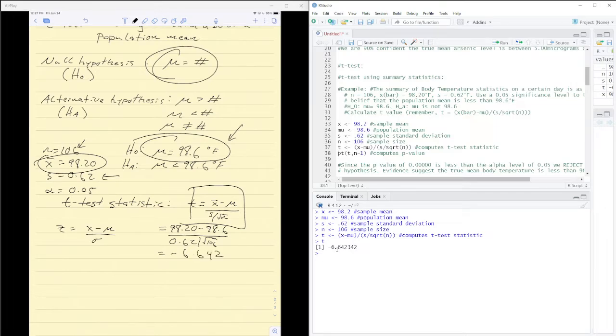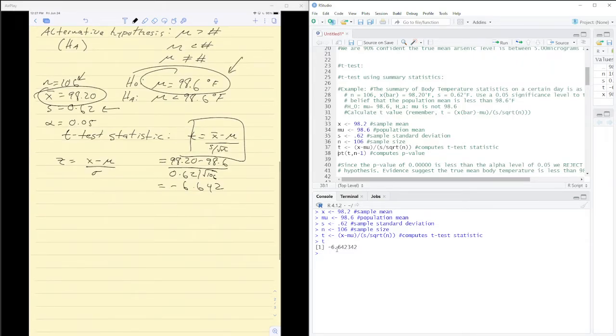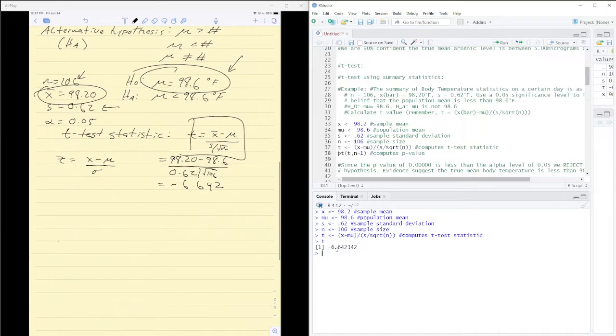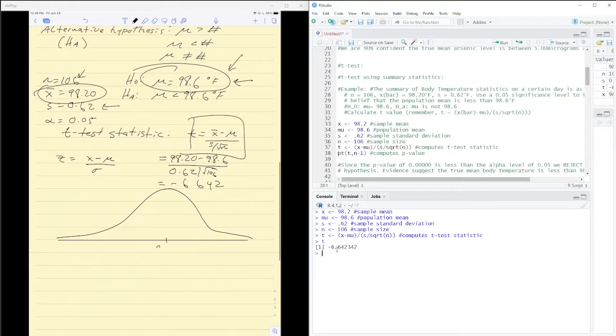Okay, and what we're doing here is, if we have a t distribution, say it looks like that, and here's the mean, 98.6.